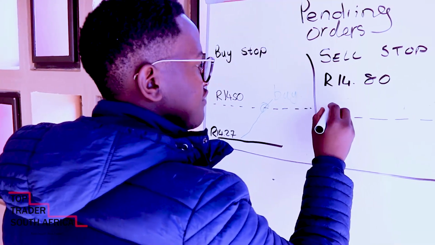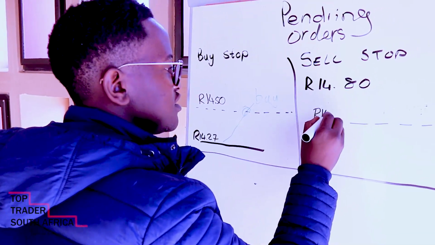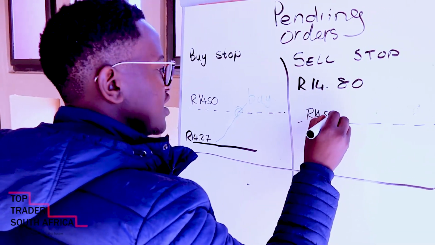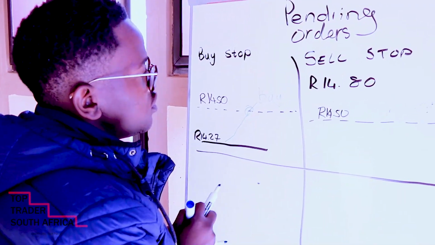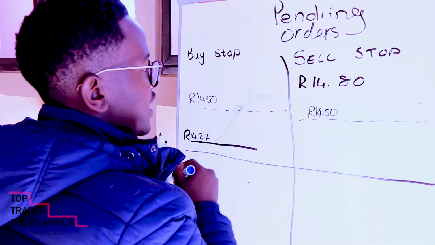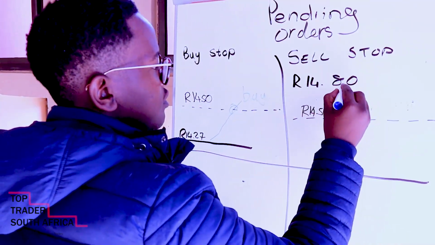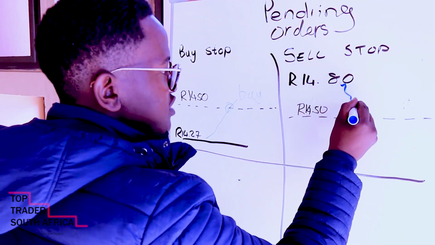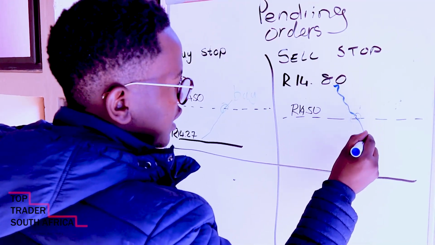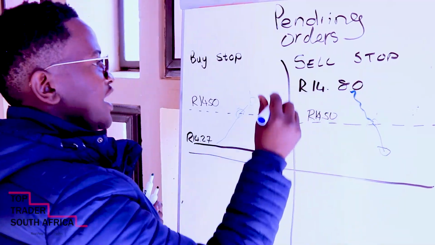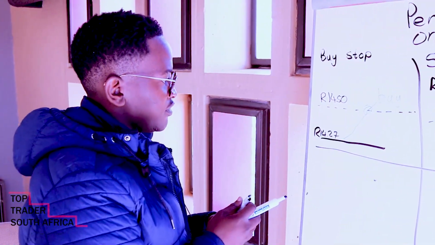And you believe that if price reaches 14.50, again, I'll use that, it will continue going down. So you can be at this price, but you set a pending order that as soon as price moves down and gets here, it will automatically open a trade for you. That is what we call a sell stop.